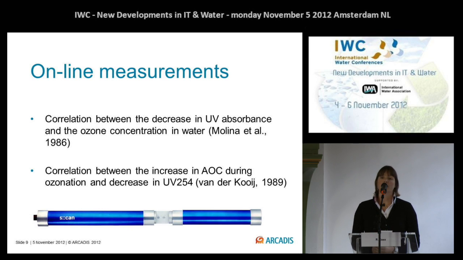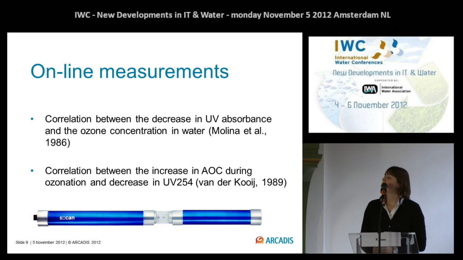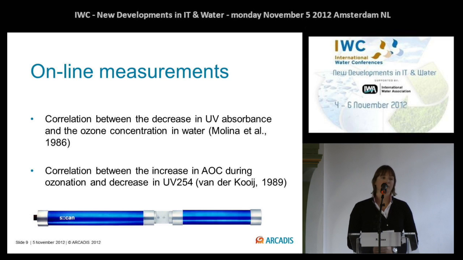We also know that quite some relations have been found between the change in UV254, so the UV absorbance at 254 nanometers, and the AOC formation during ozonation. So a lot of research around this indicates that it might be possible that we can use the change in UV for online determination of the control parameters we want to look for.